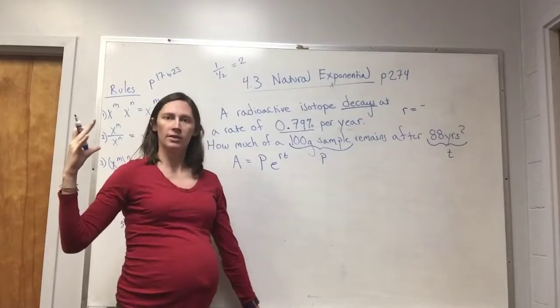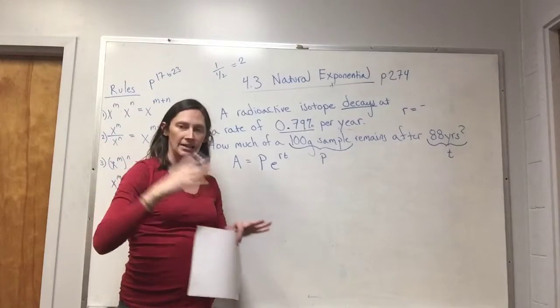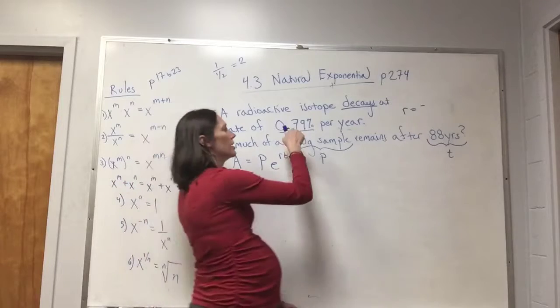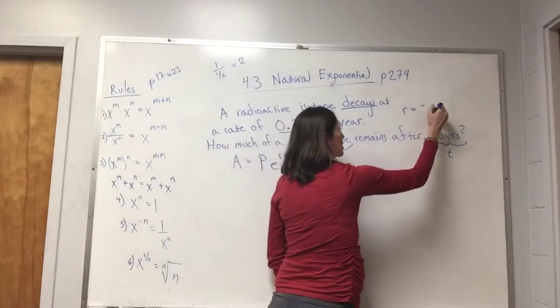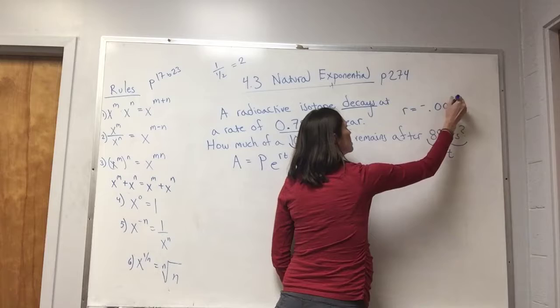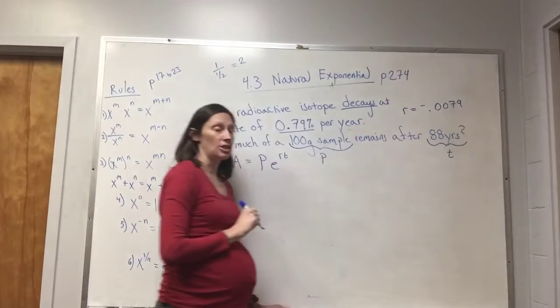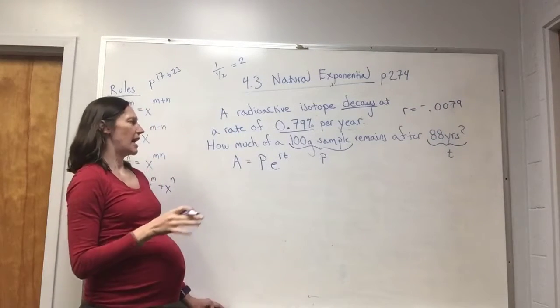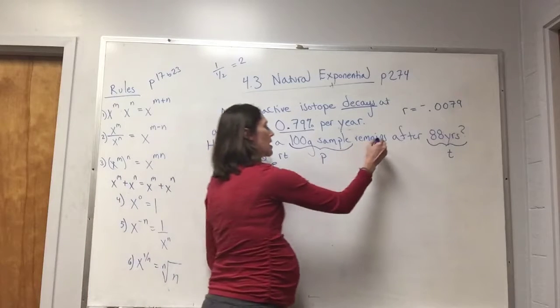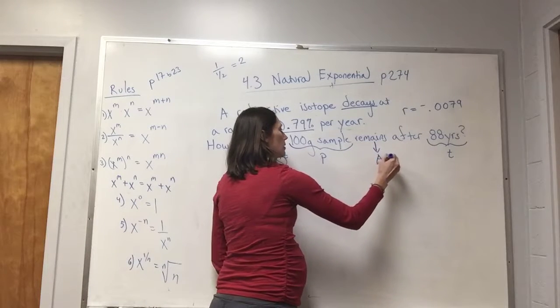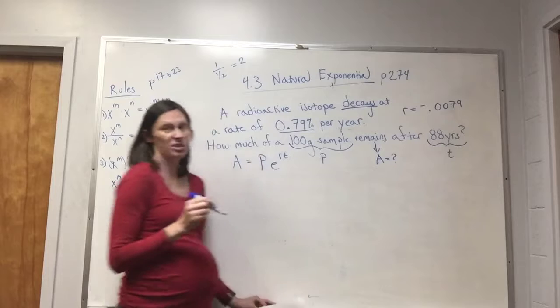I'm not growing this isotope, I'm shrinking it. It's a negative rate. Change percents to decimals, so it's actually negative 0.0079. And then what is this asking me for? Well, it's asking me how much remains. How much is at the end? It wants to know A.